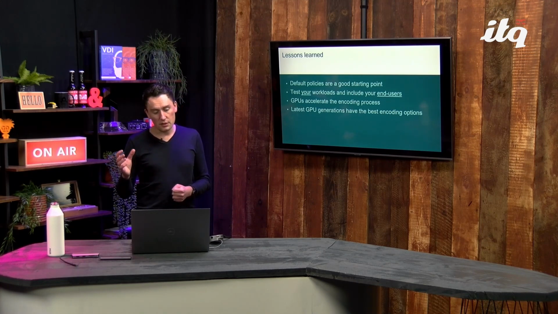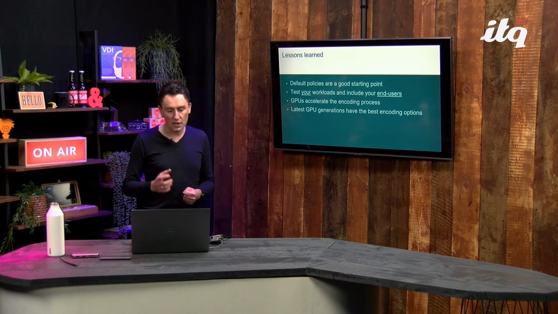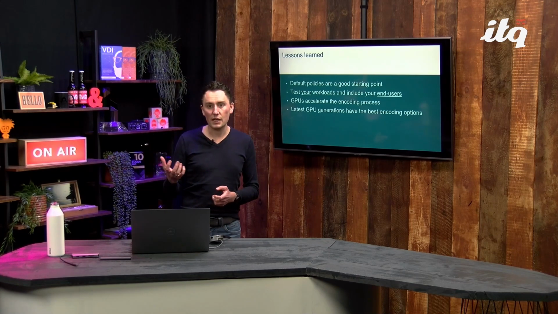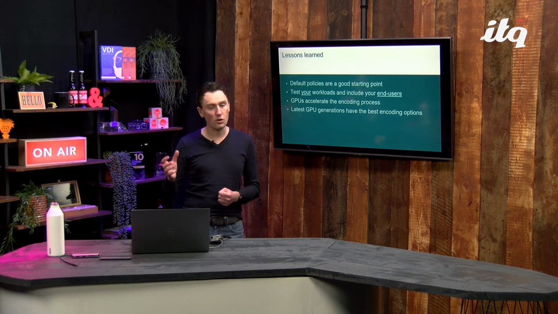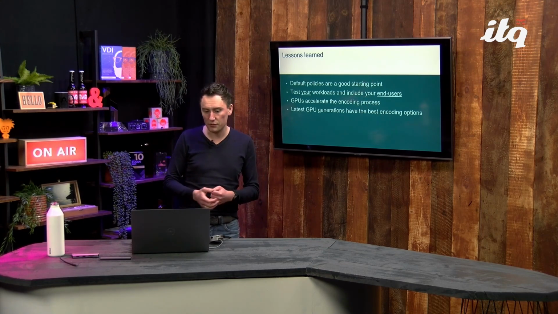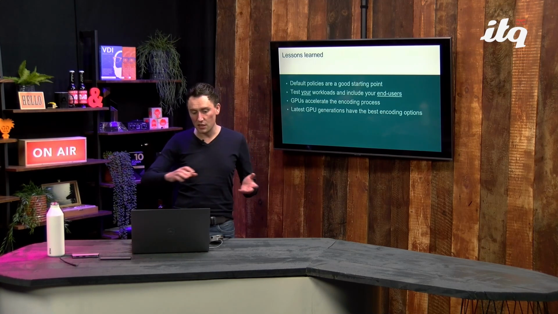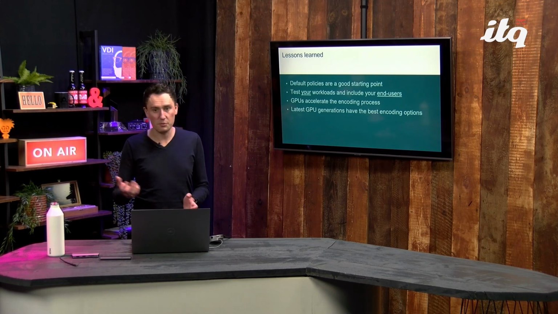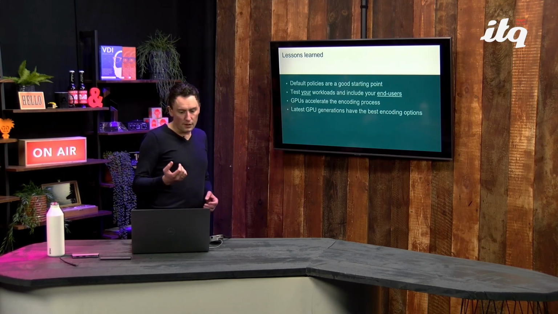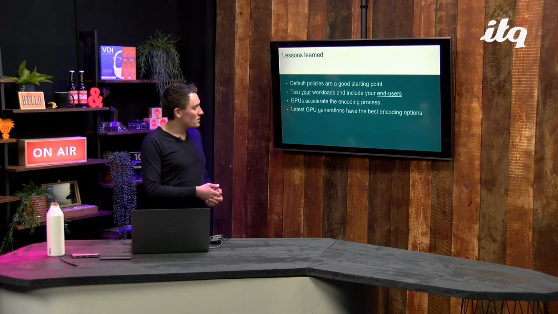And like I said, the GPU accelerates the encoding process because we can leverage the encoding chips on the GPU to use video codecs like AV1, H264, H265, but also the entire stack is accelerated by the GPU. Having the latest generation gives you the best encoding options.